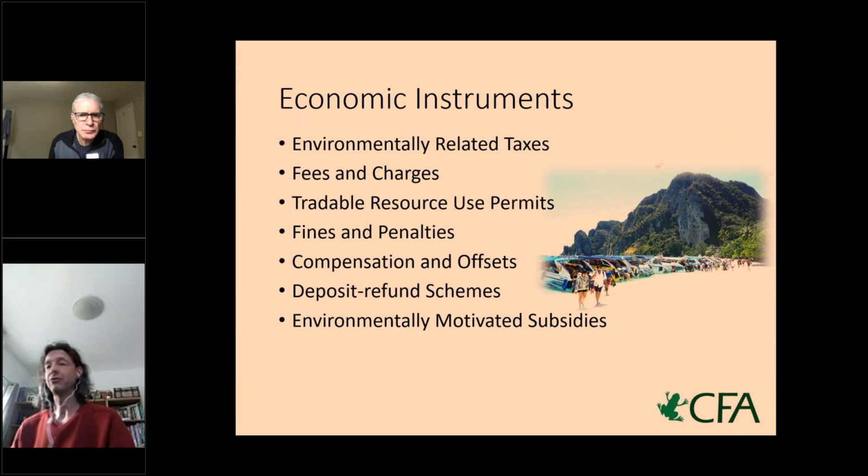So trading between, for example, fisheries use areas, fines and penalties, again, where we're having illegal use take place, compensation and offset schemes. These are a wide range of compensation and biodiversity offset or carbon offset schemes that are looking at providing finance for conservation. And then as well, we're looking at deposit refund schemes and environmentally motivated subsidies.